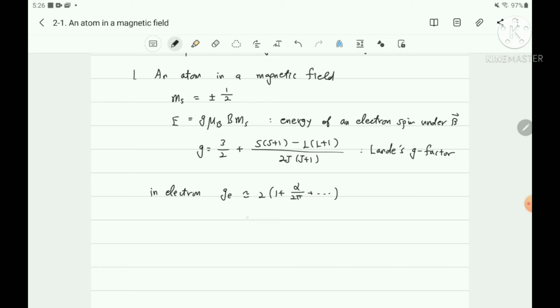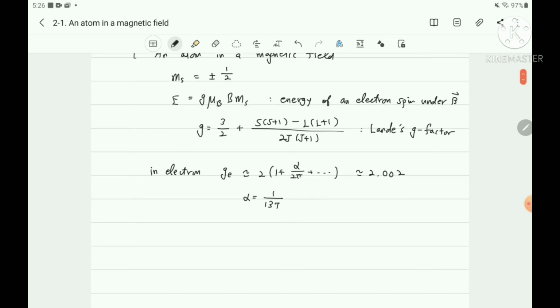Alpha is the fine structure constant, 1 over 137, and therefore it is close to 2.002 for the electron. It is very close to 2. Therefore, the g factor of the electron is 2, and the spin is plus or minus 1/2. Therefore, the energy of the electron is about plus or minus mu_B B. We call it Zeeman splitting, Zeeman energy.